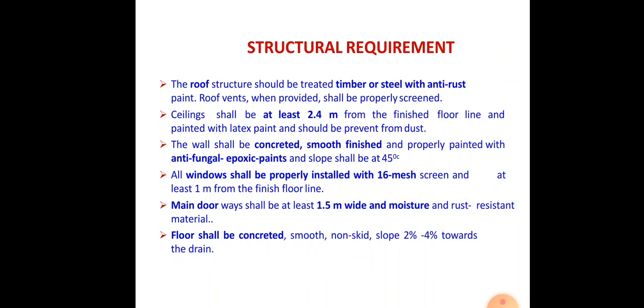The wall should be concrete with a smooth finish, with anti-fungal paint. The windows shall be properly installed with 16 mesh screens. The main doorway should be 1.5 meters wide, and a moisture proof door should be provided. The floor shall be concrete, smooth, non-skid, sloping 2% to 4% towards the drain.